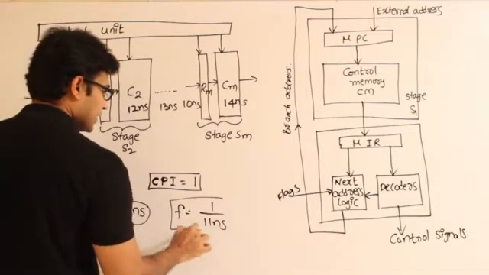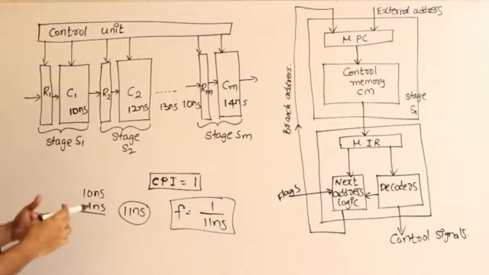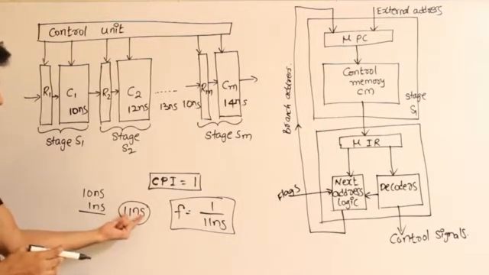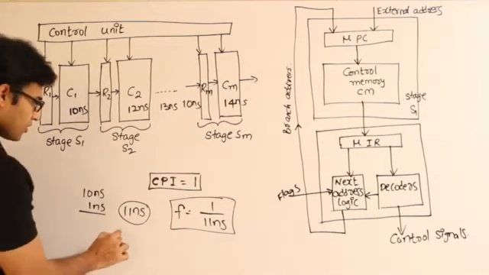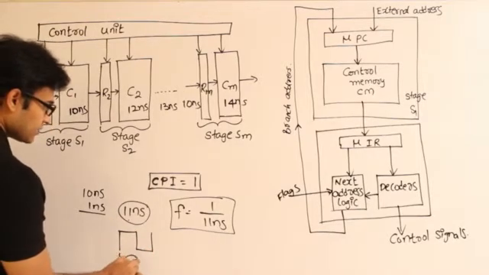Are you understanding this? If all the stages have the same uniform delay, I can find that delay and set the clock so that every clock cycle takes 11 nanoseconds.